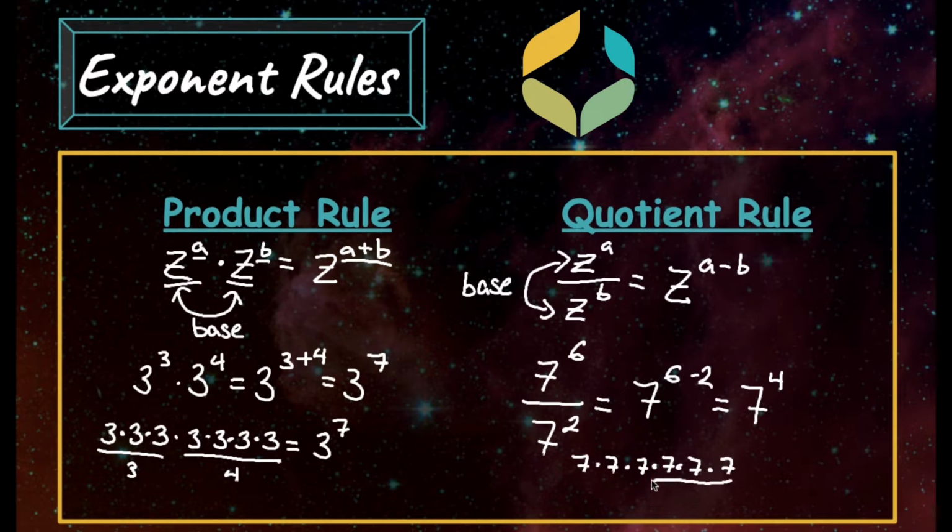And then on the bottom, 7 squared means we're multiplying 7 by itself 2 times. So on top we have 6 7's, on the bottom we have 2 7's. We can cancel 1 7 on the top and on the bottom at a time. So here we can do this 2 times. And left over we will have 4 7's, or 7 to the 4th power.